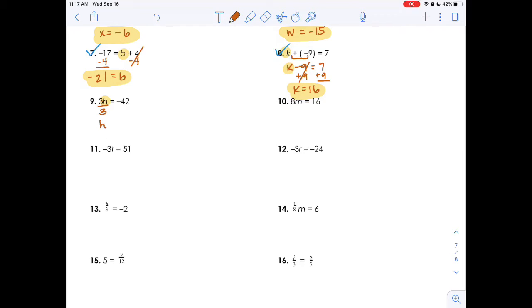If I have one h, I just have an h. These 3's essentially cancel, which is what I want. But if I divide by 3 on the left, I must also divide by 3 on the right. So negative 42 divided by 3 gives me a negative 14.